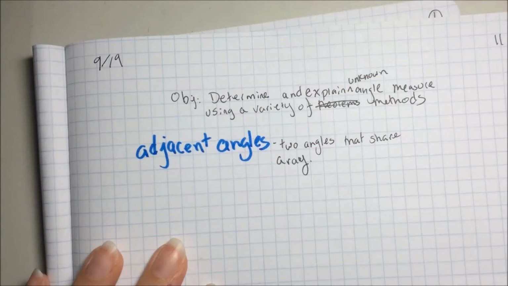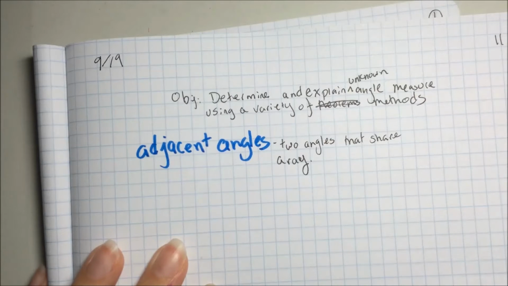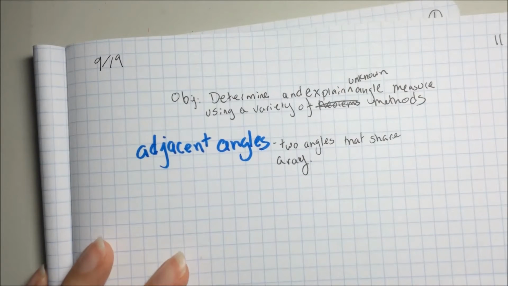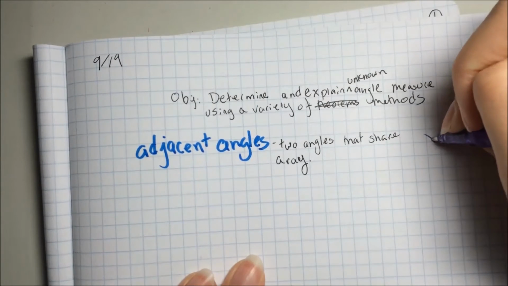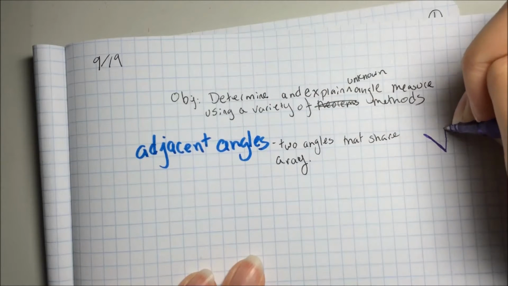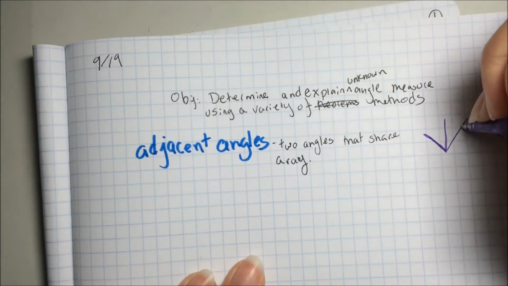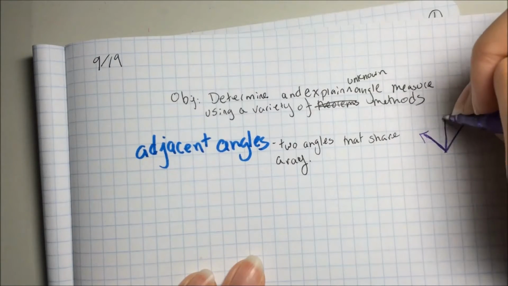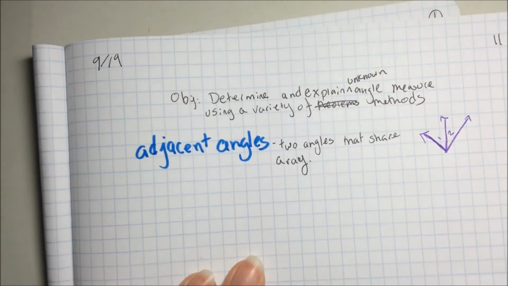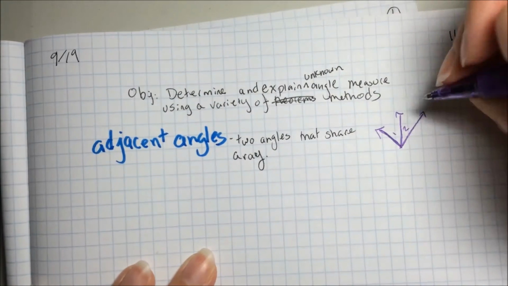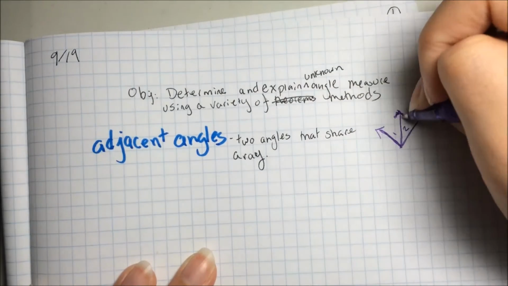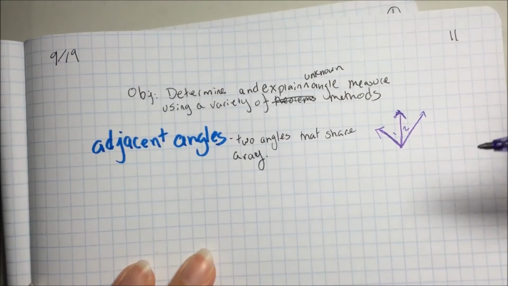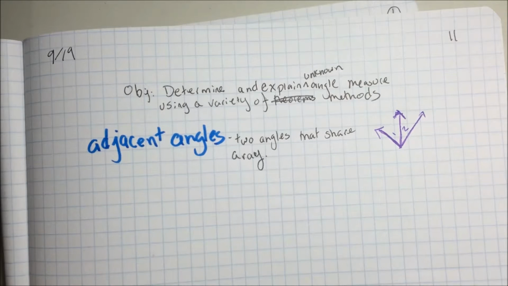So all linear pairs are adjacent angles, but not all adjacent angles are linear pairs. So we could have, get my purple pen to denote that it's a diagram, these two angles, angle 1 and angle 2, be adjacent to each other because they share this ray in the middle. And that's all it means, is that they're next to each other.